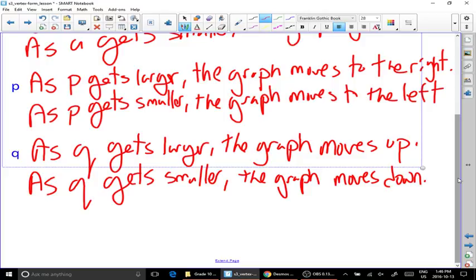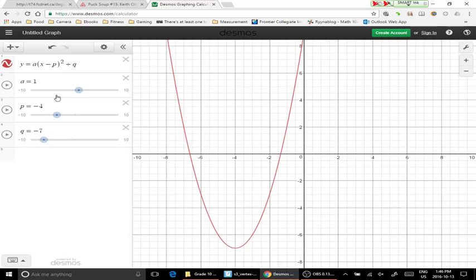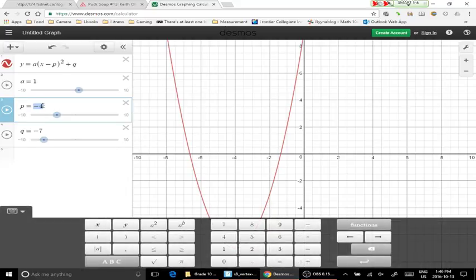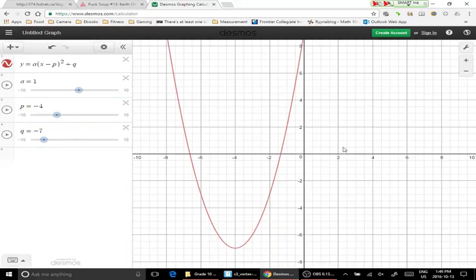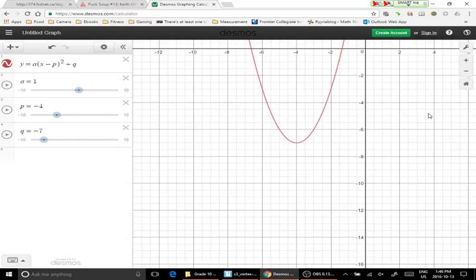But we can say something else. If we look back at the graph, p is -4, q is -7. What's the vertex of my graph? The vertex of my graph is (-4, -7).